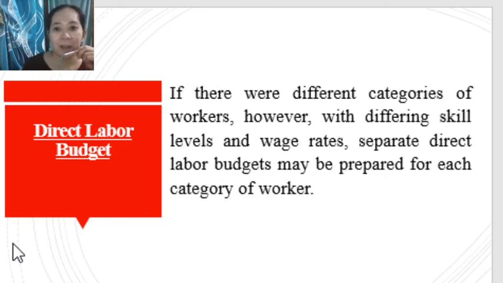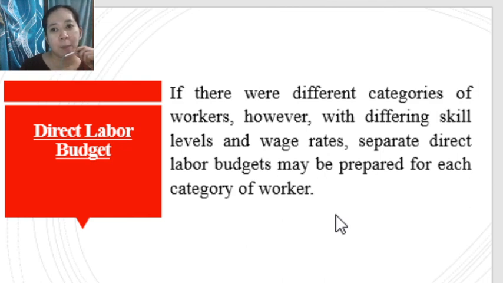If there are different categories of workers with differing skills and wages, then instead of using the average rate, if these different categories of workers are relevant and have a major role in the production process, then we should prepare separate direct labor budgets for each category.